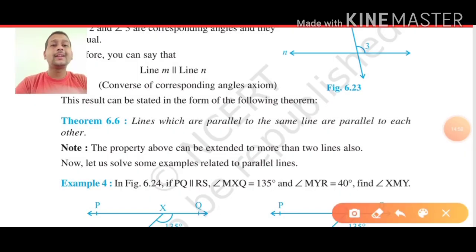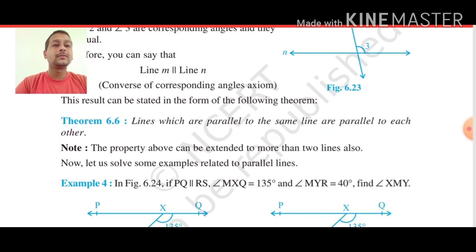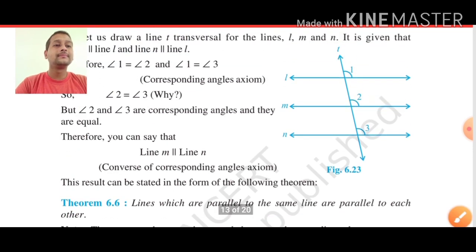Then we have another theorem: lines which are parallel to the same line are parallel to each other. So here you are given this line L. I'll read out how they have given it.